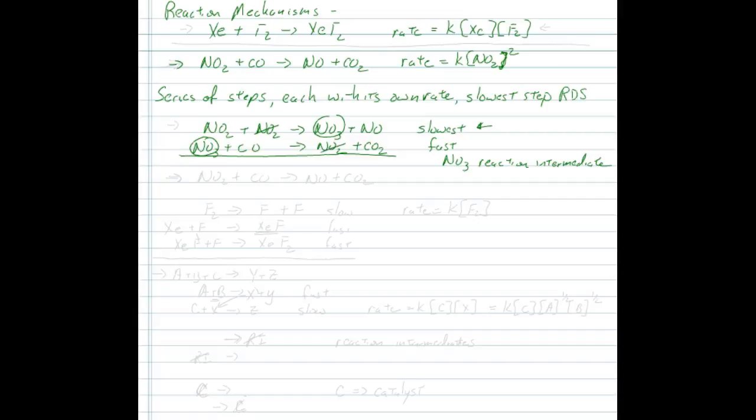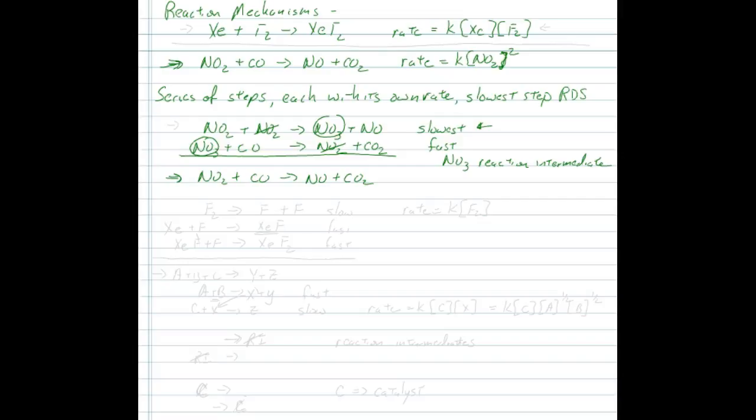These others are not reaction intermediates because they are made and produced. When you add these up, you get NO2 plus CO makes NO plus CO2, which is the original reaction that you're trying to strive for.